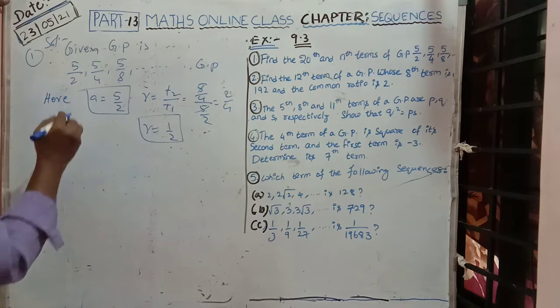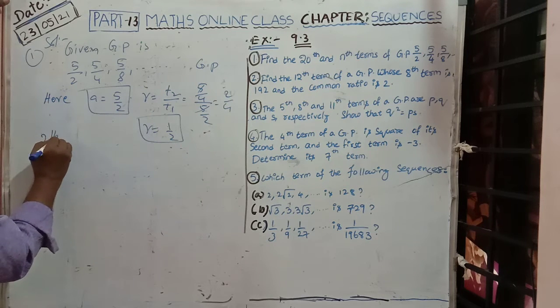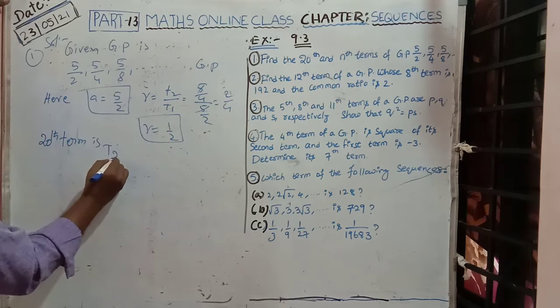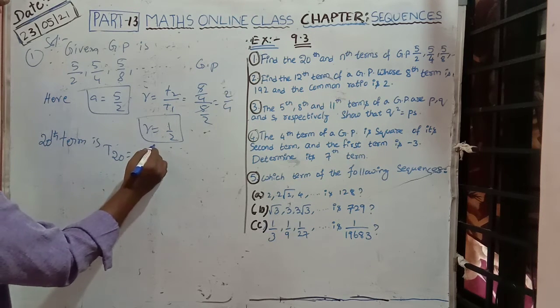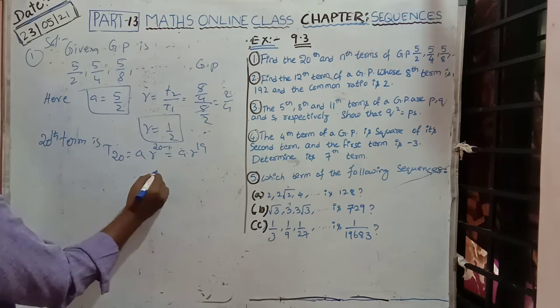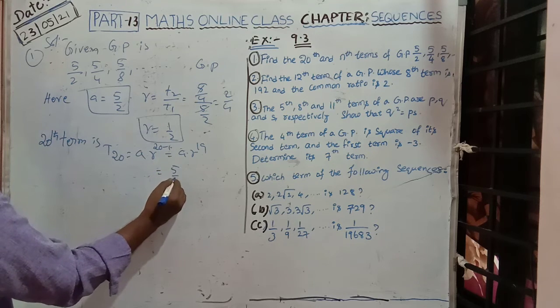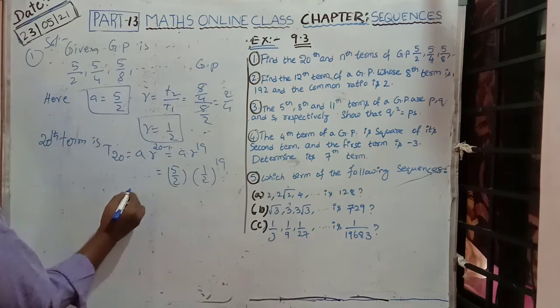Now we need to find the 20th term. 20th term is T20. T20 means A R power 20 minus 1, A R power 19. A is 5 by 2 and R is 1 by 2, power 19.